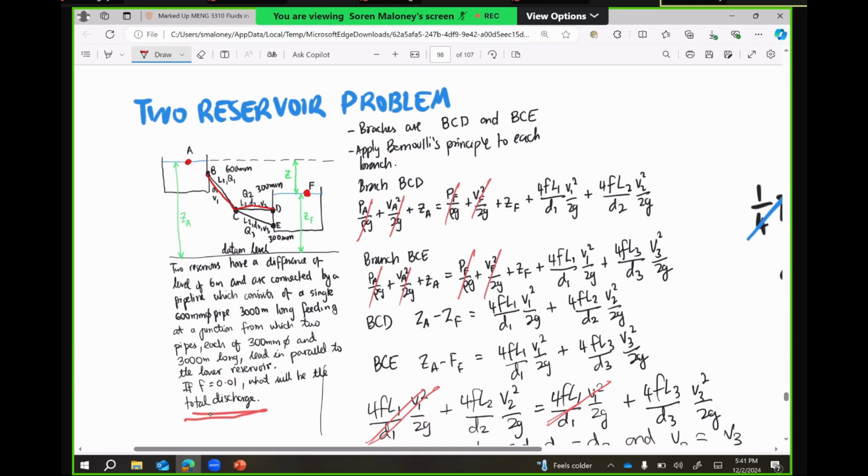That's why I write my first part in terms of A, then the second part in terms of F. But now in this problem, I didn't tell you anything about entry and exit points. I didn't say anything about the junction either.